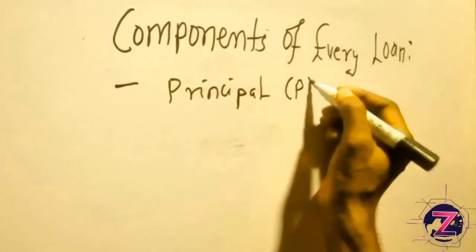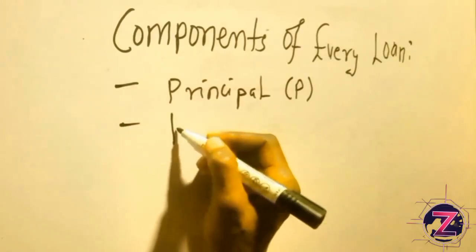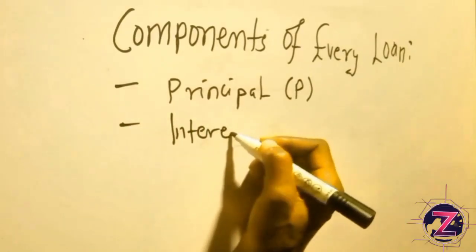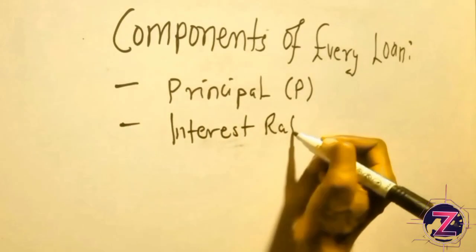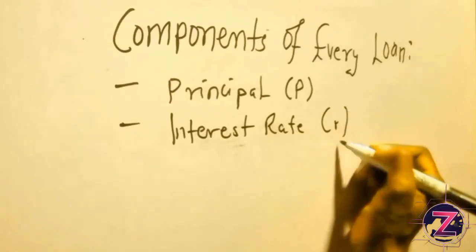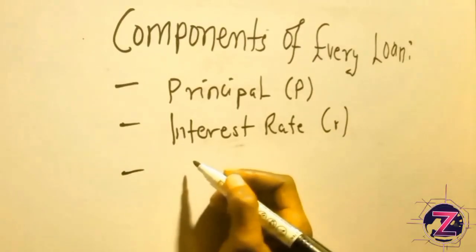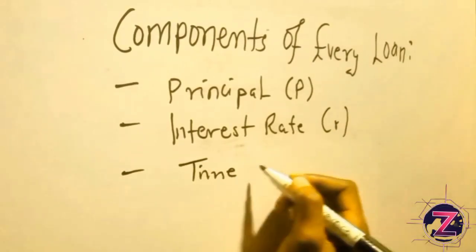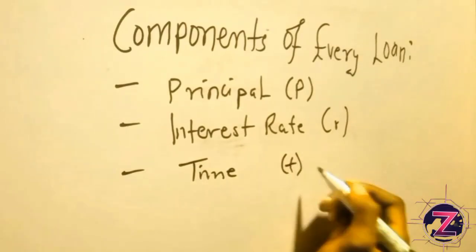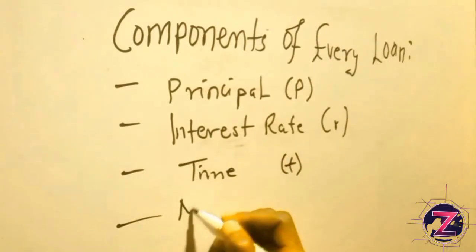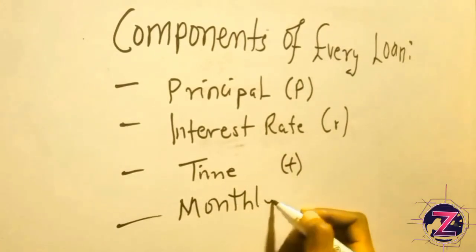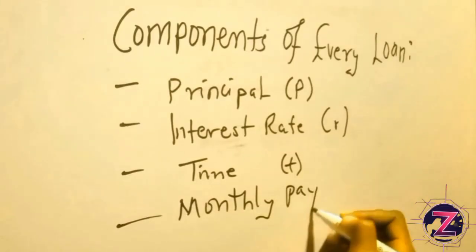The lender or bank charges you interest because they are allowing you to use their money. Now, the components of the loan equation are thus. In the loan equation, P represents the principal amount. R is the interest rate. T is the time, the duration, the period within which that loan facility will be repaid.